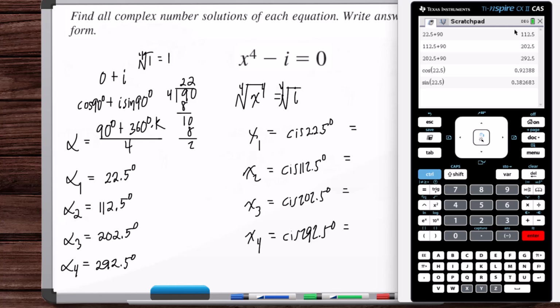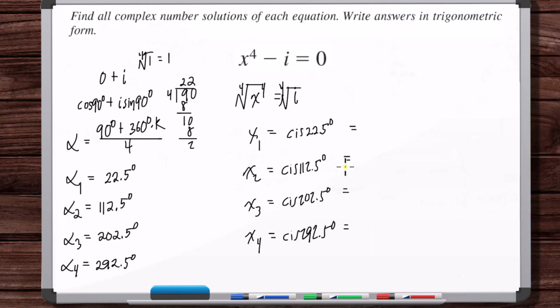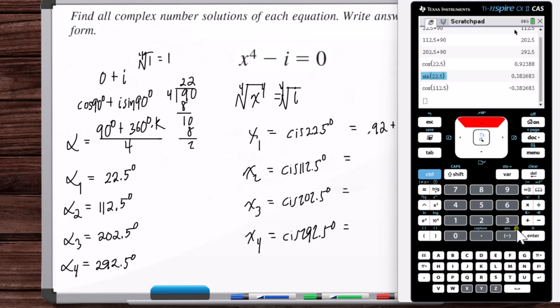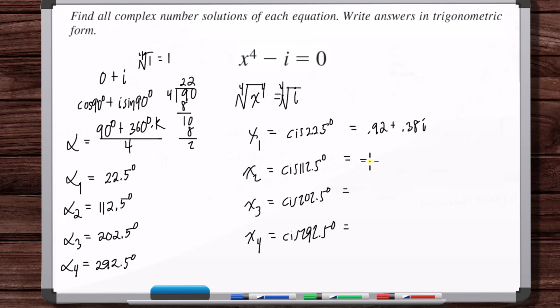So 0.92 plus 0.38i. Okay, now minus 0.38 plus 0.92i.